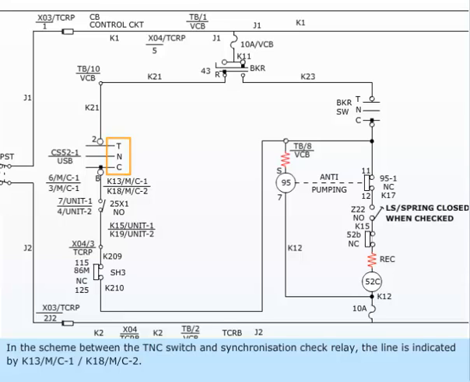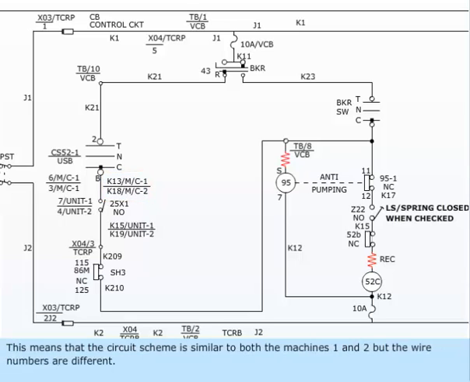In the scheme between the TNC switch and synchronization check relay, the line is indicated by K13/M/C-1/K18/M/C-2. This means that the circuit scheme is similar to both the machines 1 and 2, but the wire numbers are different.